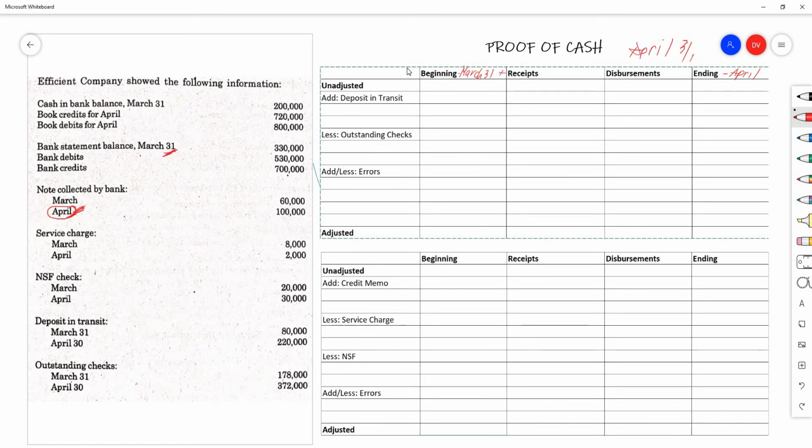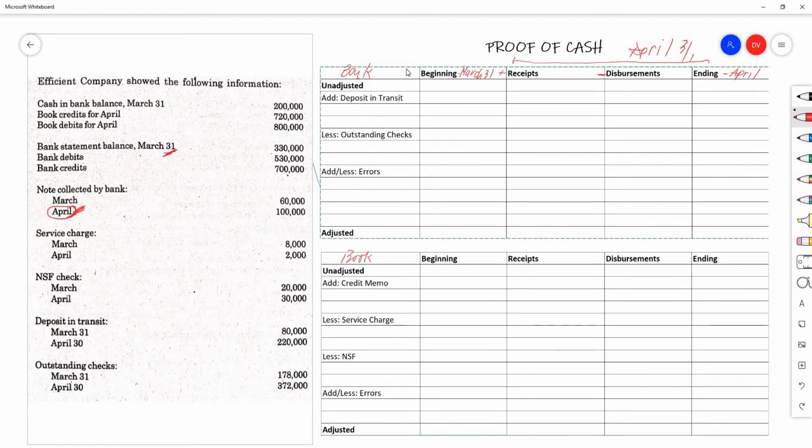May nabawas ba sa pera mo nung April? So, the idea here is beginning plus receipts minus disbursements. This data of beginning is March 31, while these are all data of April. Okay? So, same goes here with the book. Actually, this is bank and this is book.